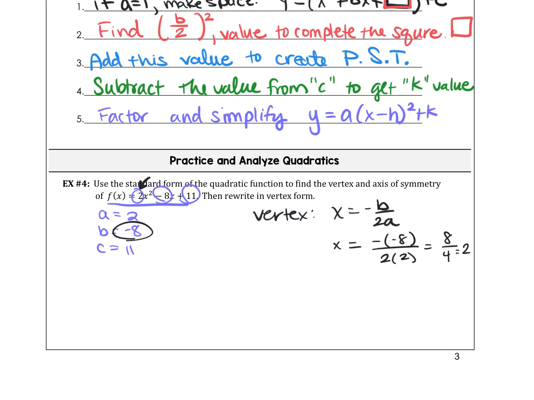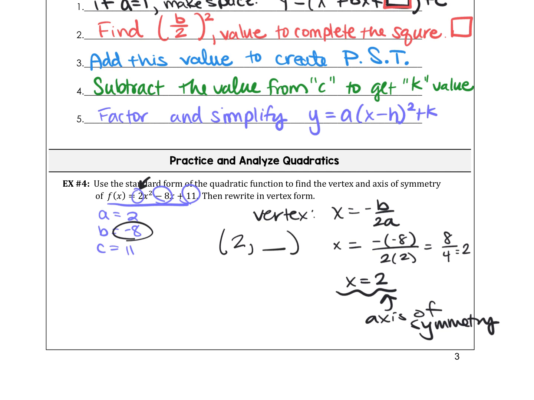So if x is 2, this is also the equation of your axis of symmetry. Okay, but we also know that our vertex will be 2, and then we have to find our y value.